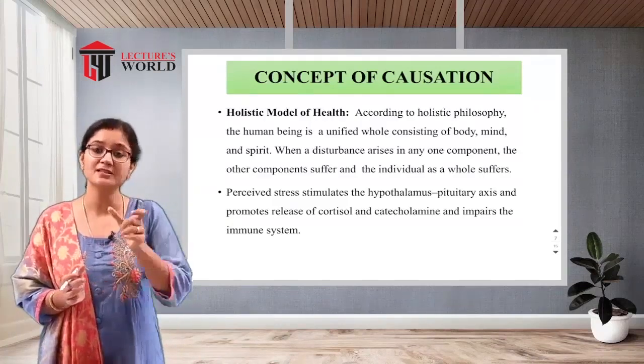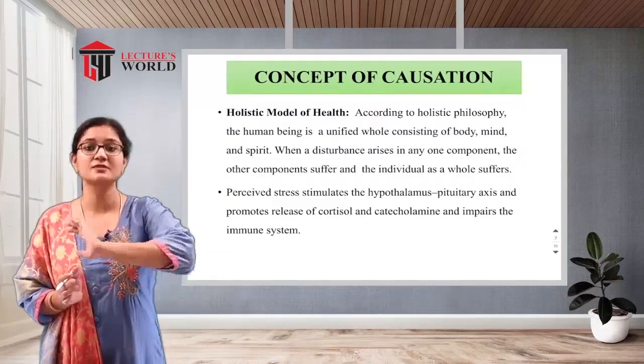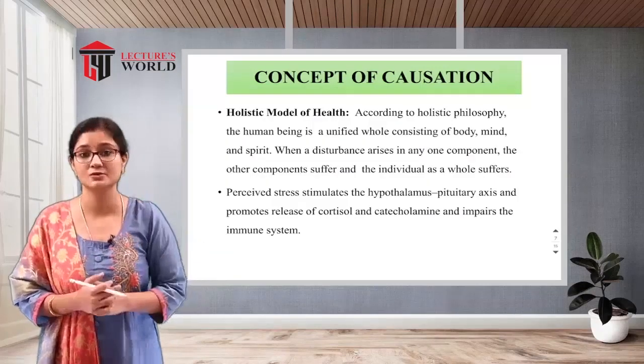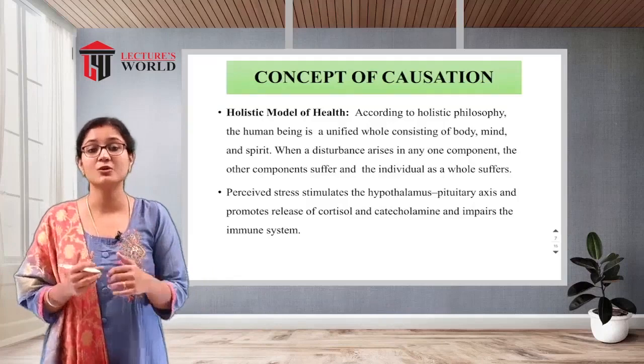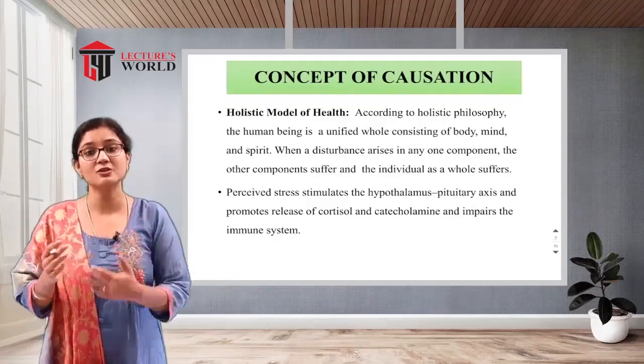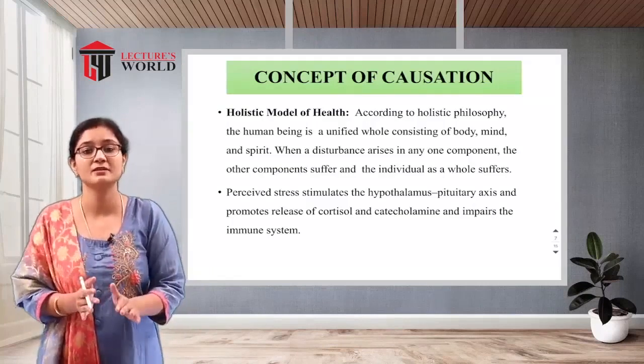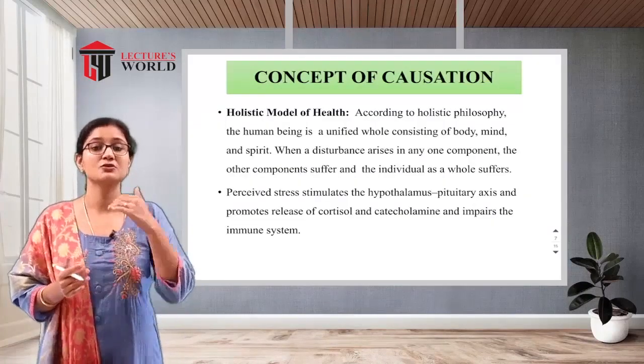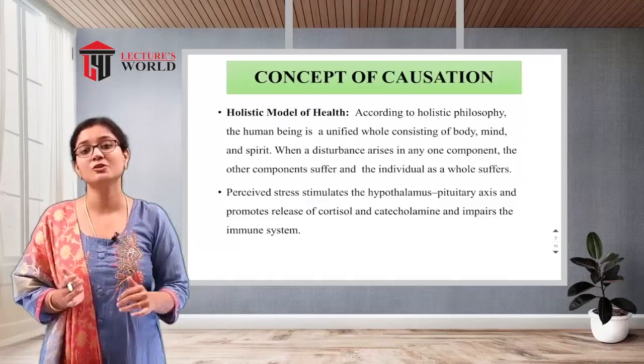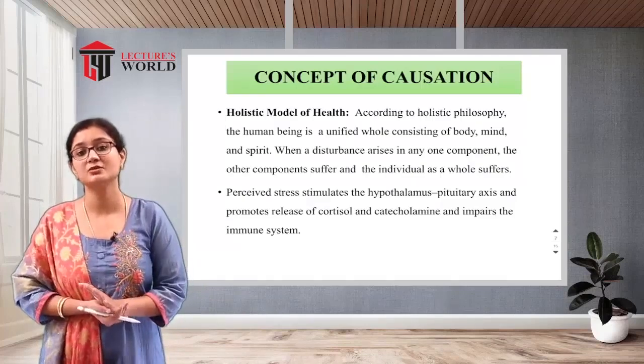So mental health plays a very important role. It's not just physically healthy, we should be mentally healthy also, right? Yes, so it is holistic. Whenever we are looking at the cause of disease, we should never concentrate only on the physical parameter. The mental health and the social well-being of the person also have to be taken into account.